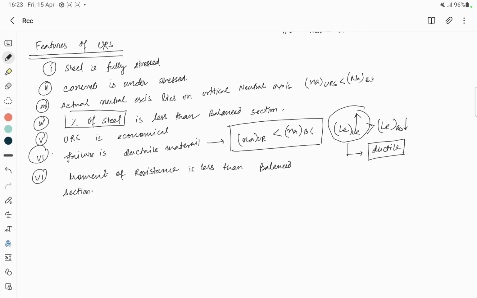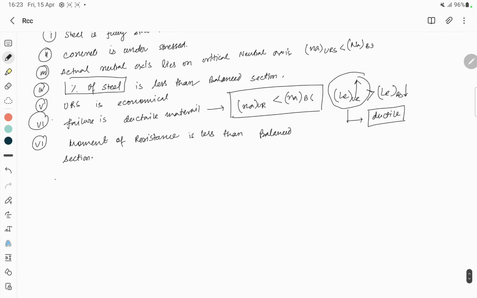So this is all the reason why we prefer the under reinforcement section for every design.